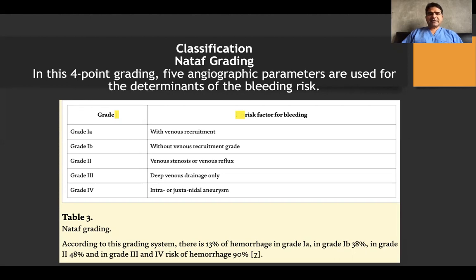So based on this classification, one study has shown that there is 13% chance of hemorrhage in grade 1A, 38% in grade 1B, 48% in grade 3, and grade 4 more than 90%. Grade 5 not defined.